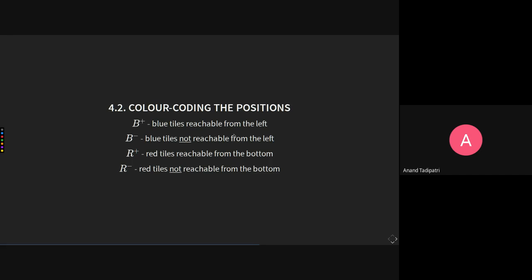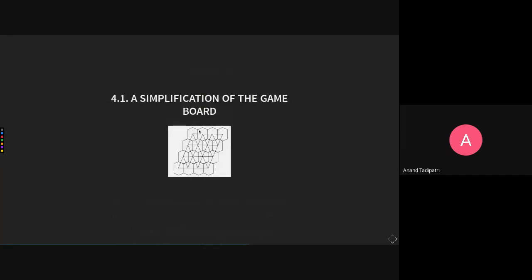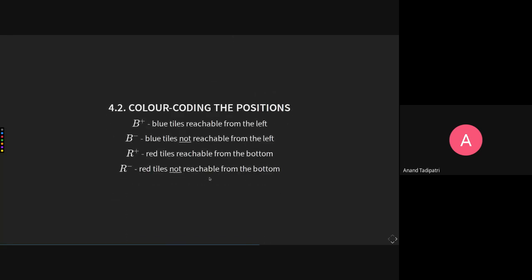So here's our first step in the proof. We're color coding each of these hexagons according to this rule. Let's say we're looking at a colored grid, and we say a tile is in this set B plus if it's a blue tile, and moreover it's reachable from the left.